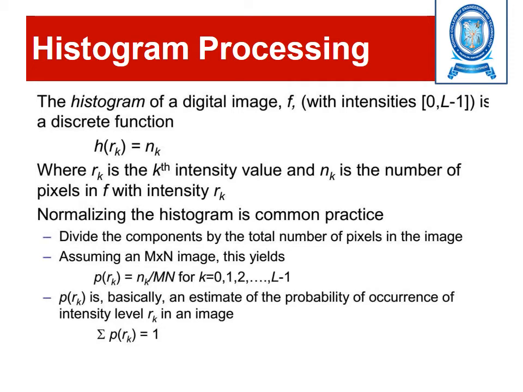For histogram processing we have certain functions. We have a discrete function, h of rk equals nk, where rk is the kth intensity value and nk is the number of pixels with intensity rk. To normalize the histogram, in common practice we divide the components by the total number of pixels present in the image. Assuming an M cross N image, p of rk equals nk by MN, where k ranges from 0 to L minus 1, and p of rk is the estimate of the probability of occurrence of intensity level rk in the image.